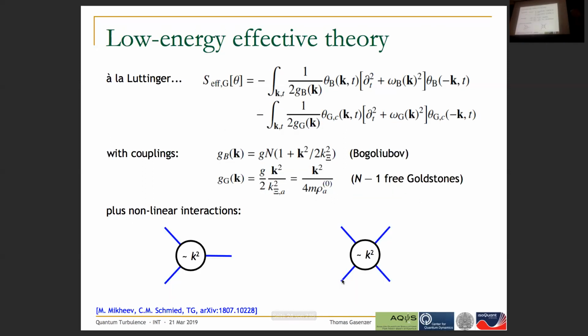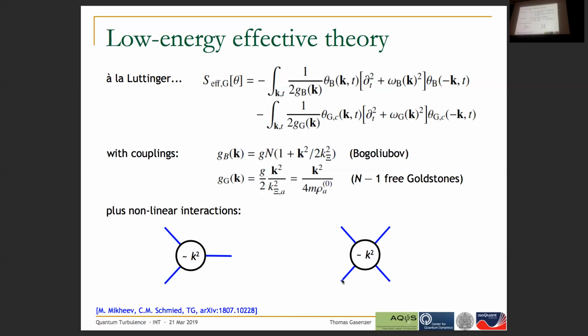Then I can integrate them out in quadratic order, being left with a field theory in the phase only. This is precisely what one does in order to derive these Luttinger liquid type actions. But what I also get now are nonlinear terms, which will be important for describing this transport.